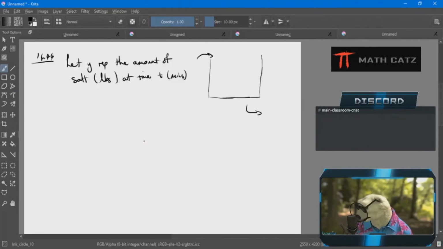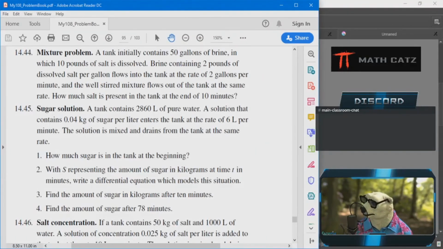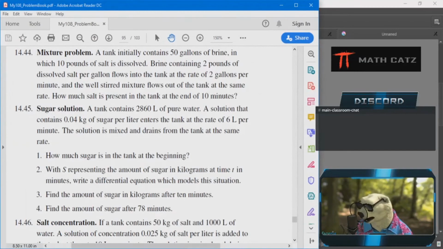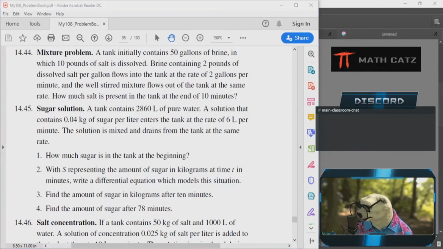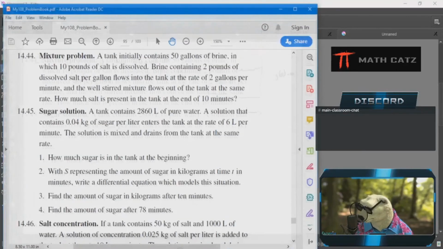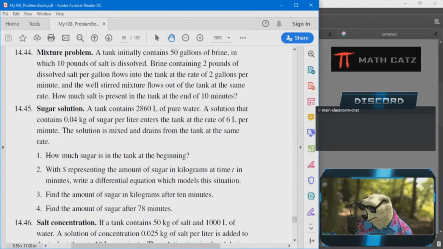Okay, let's see what we have here. I have a 50-gallon tank. Initially, I have 10 pounds of salt, so my y0 is going to be 10. Then I have brine coming in.